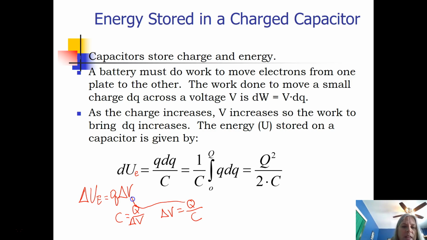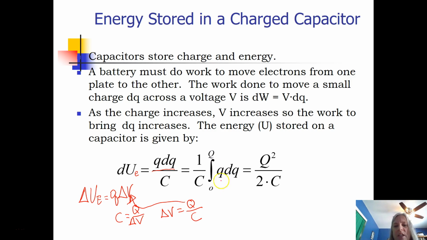So I can plug this in here because what I want to do is integrate, to add up all of the charge that I need to add to this plate. If I plug that in here, then I get that the electric potential energy is Q times dQ over C. C is a constant, so we can pull that out and we'll do an integral from 0 to Q, Q being the total charge that I added to the plate.